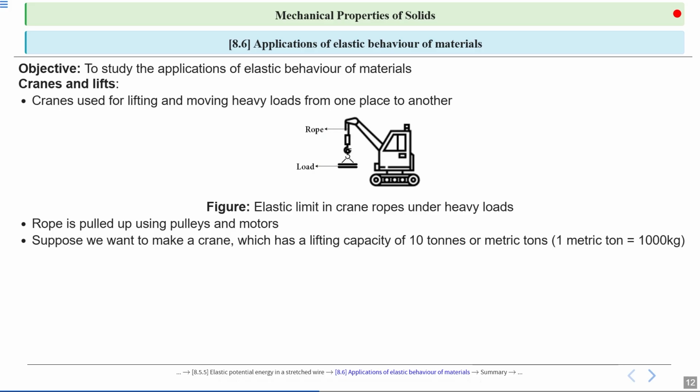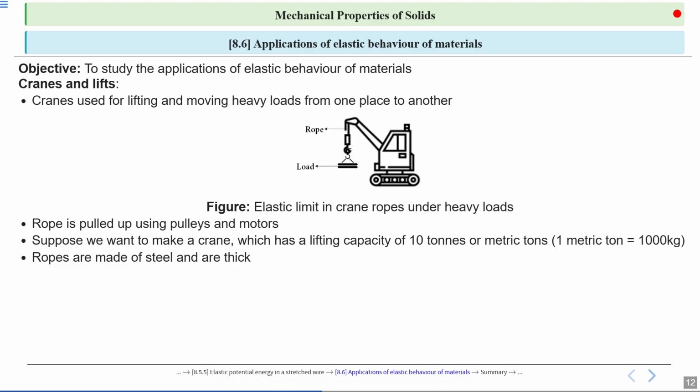Now let's imagine we want to build a crane that can lift up to 10 tons. Remember, 1 metric ton is equal to 1000 kilograms. So that's a total of 10,000 kilograms. This huge weight puts a lot of stress on the ropes, so we need to carefully consider the materials and design.